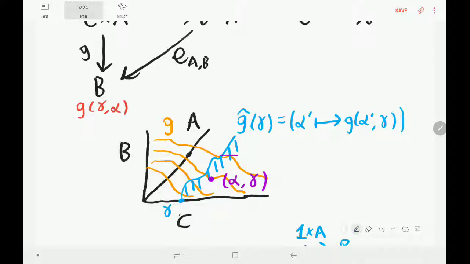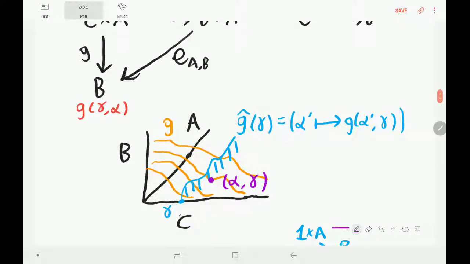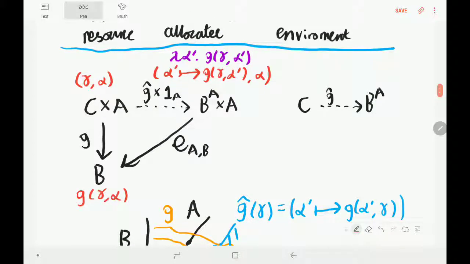And so we can call this blue curve, this slice here, G-cap of gamma. And then if we evaluate this on a particular alpha, so we find the height of this curve for a particular alpha, like so, we'll get the same value as G of gamma comma alpha. And that's what this diagram says.